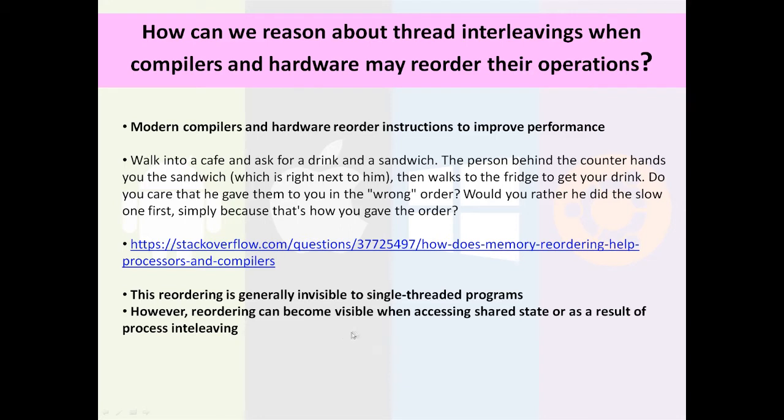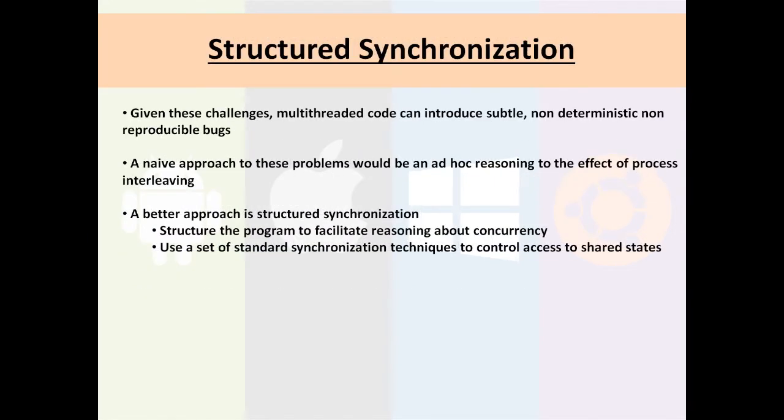So how do we go about solving all of these problems of interleavings and reordering? Well, we use structured synchronization. And later on, the one specific synchronization technique that we'll be discussing is locks.